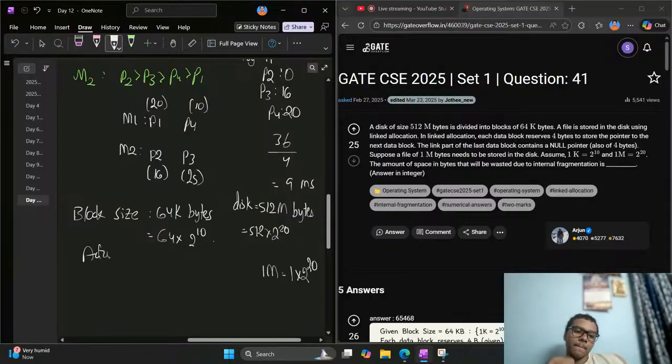The actual size is 64 into 2 power 10 minus 4.